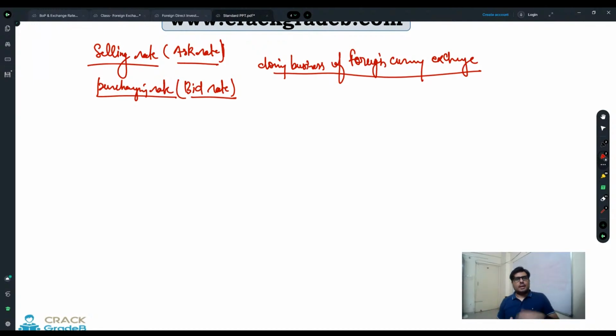That money is going to be converted into Indian currency, so the bank needs that foreign currency. Suppose you are in USA and you have deposited $1,000 in your NRE account. Now they are going to convert that $1,000 into Indian rupees.